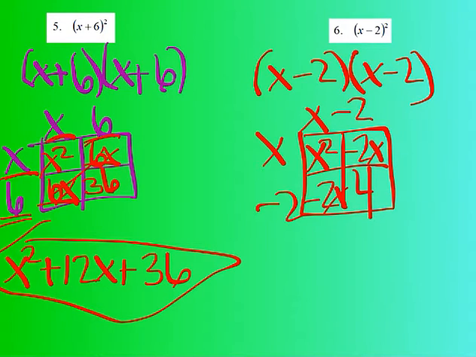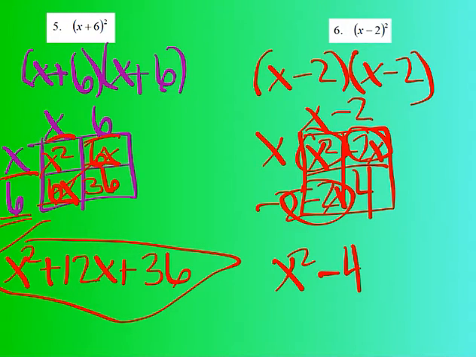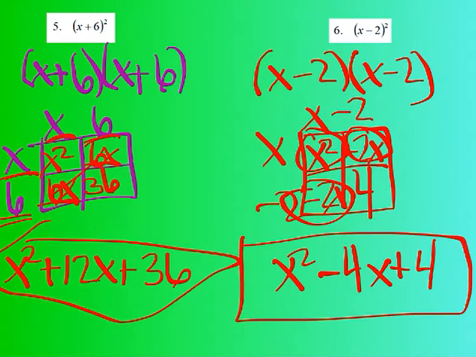So now I need to write that out. I'm going to have x squared, and when I add negative 2x plus negative 2x, negative 2 plus negative 2 is a negative 4. It's not going to make it positive. When you add two negative numbers, they get more negative. And then my last constant is going to be 4. So that's my final answer for number 6.